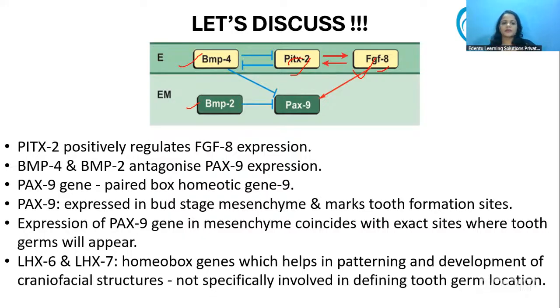So that's the main factor regarding PAX9. The expression of PAX9 gene is very important because the protein released by this gene will help in the exact localization of the tooth in the connective tissue.